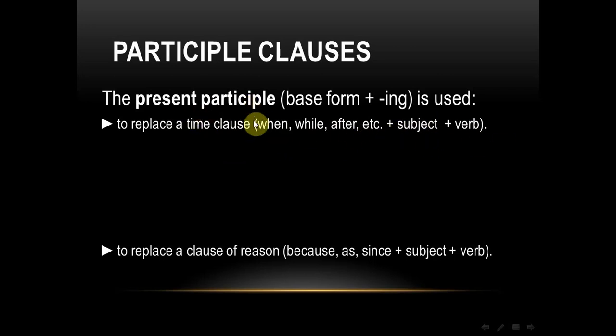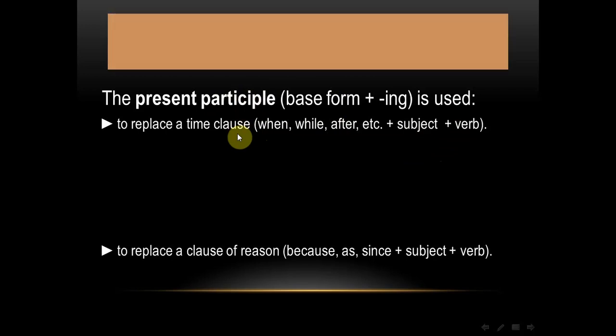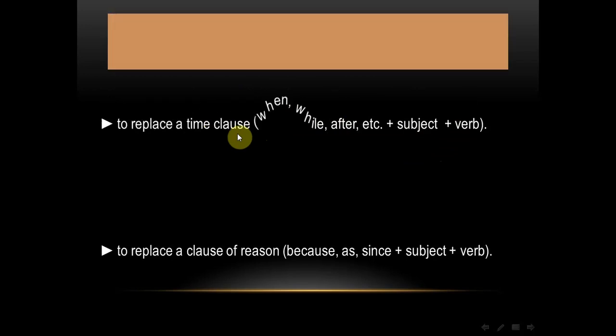يعني لما يكون عندي جملة زمنية مربوطة بوين أو while أو after، بروح شايل هذا الرابط واشيل الفاعل واشيل الفعل. اوكي، وبعدين بجيب انا فعل منتهي باي ان جي ليحل محله. طيب عاوزين نشوف المثال.